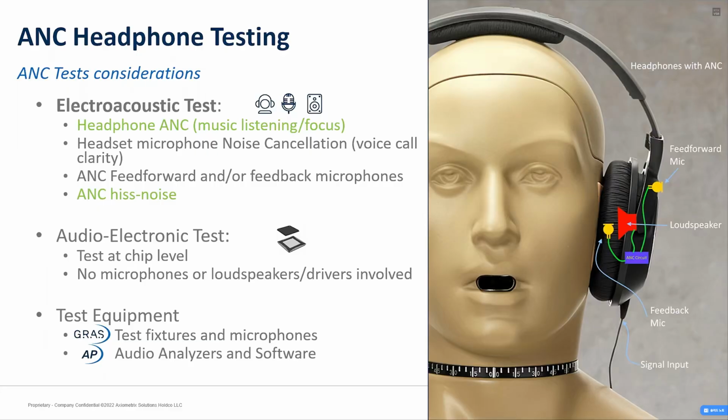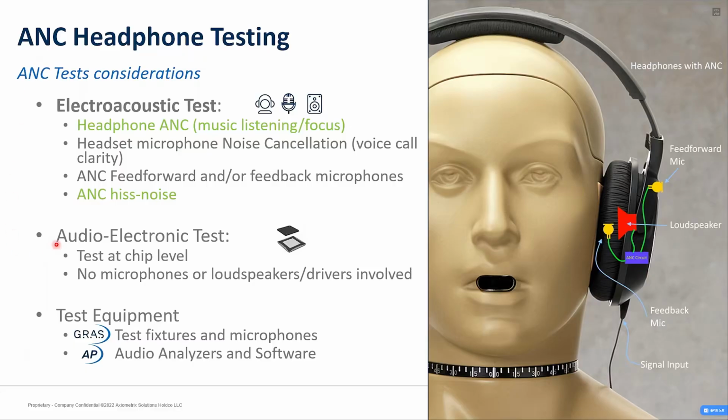The microphones in this case could be the ANC microphones that are in a headset, like we see over here, these two microphones. Or it could be the loudspeaker that we are using as a sound source to create a noise field around the device under test.